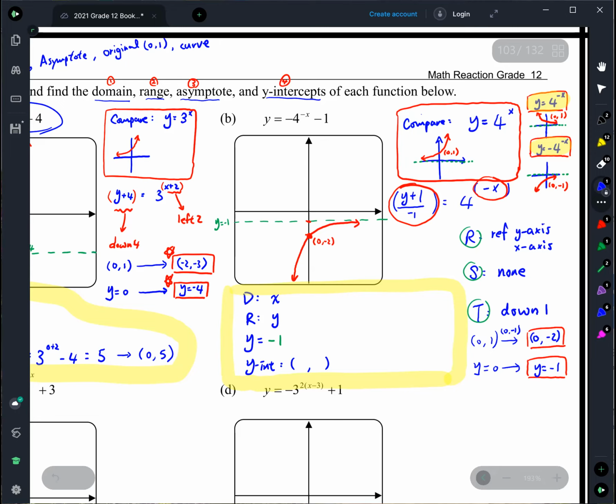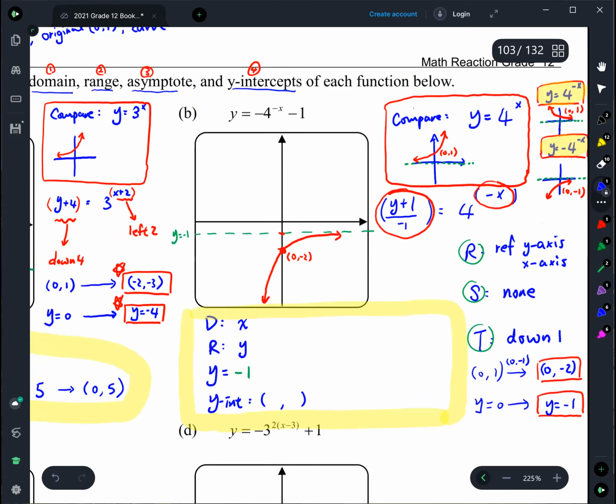Okay, Caleb, what's the domain and range? Domain should be every real number. That's right. And then y should be greater than or equal to -1.